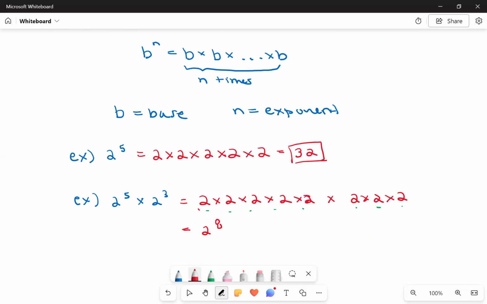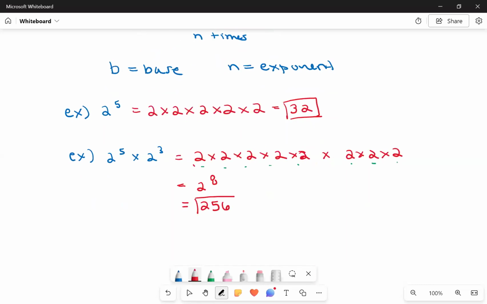And 2 to the 8 actually ends up coming to 256. I did double check. I was going to say 128, but I think that's 2 to the 7. Cool. All right. Now, this is actually kind of useful to see that really what we've done, I hope you see, is that 5 and 3 are giving us the 8, okay?